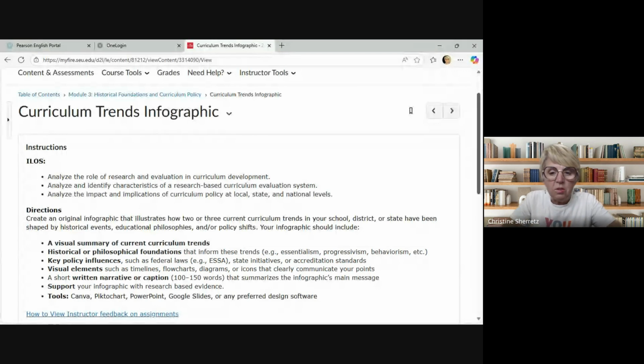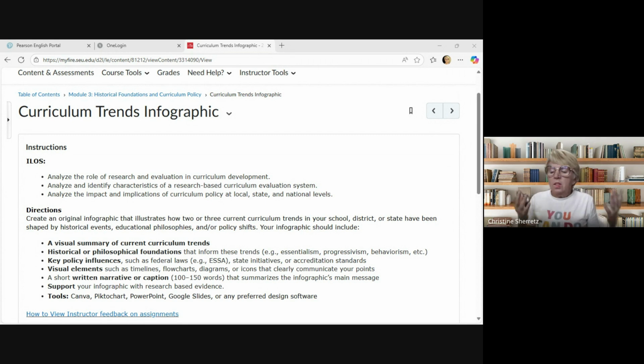So think about 2 curriculums. I want you to think about the historical or philosophical foundations that inform these. The science of reading, and in particular structured literacy, when I think about philosophy, is definitely more of a traditional essentialism, and it's definitely behaviorism, because there are explicit, specific goals.